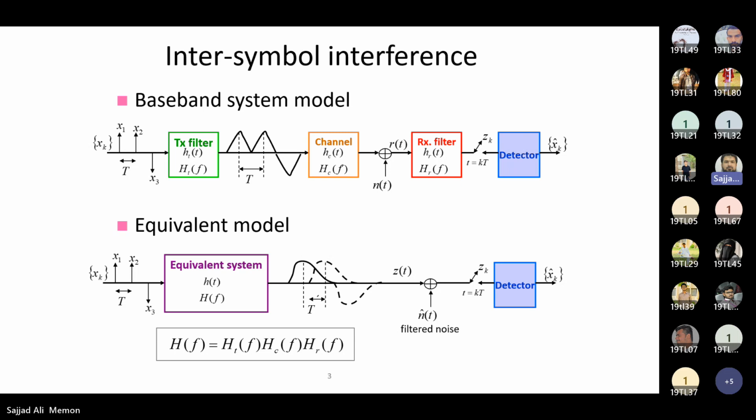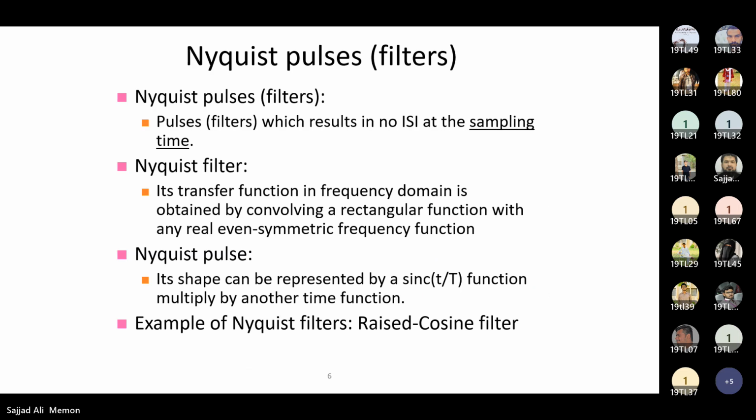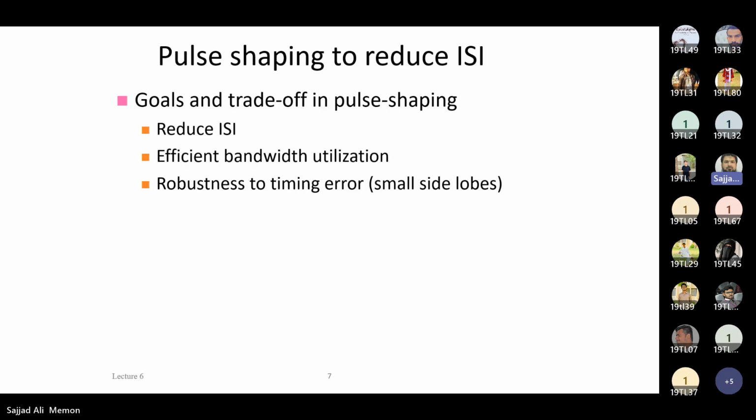Because it is the shape that induces the inter-symbol interference. If the pulses are reshaped, then their shape is redefined, and we can mitigate or even eliminate the inter-symbol interference. So for that, we can use the raised cosine filter, a type of Nyquist filter that is used to reduce the effect of inter-symbol interference.